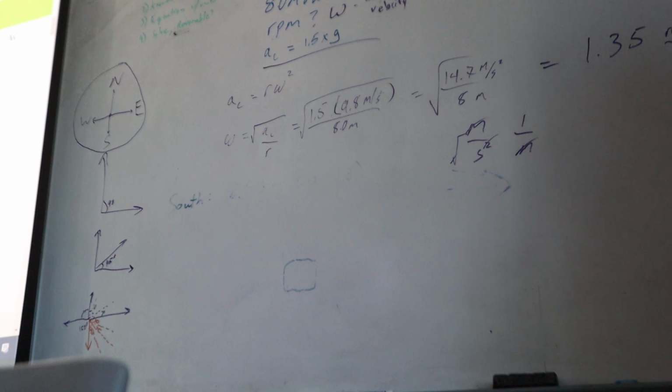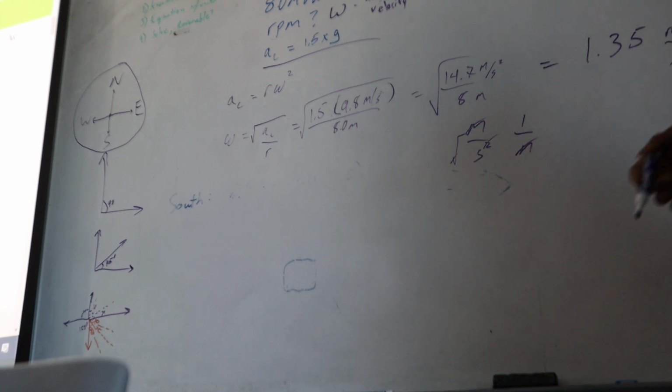So I get 81 revolutions per minute. 81 revolutions per minute. That's a good amount.